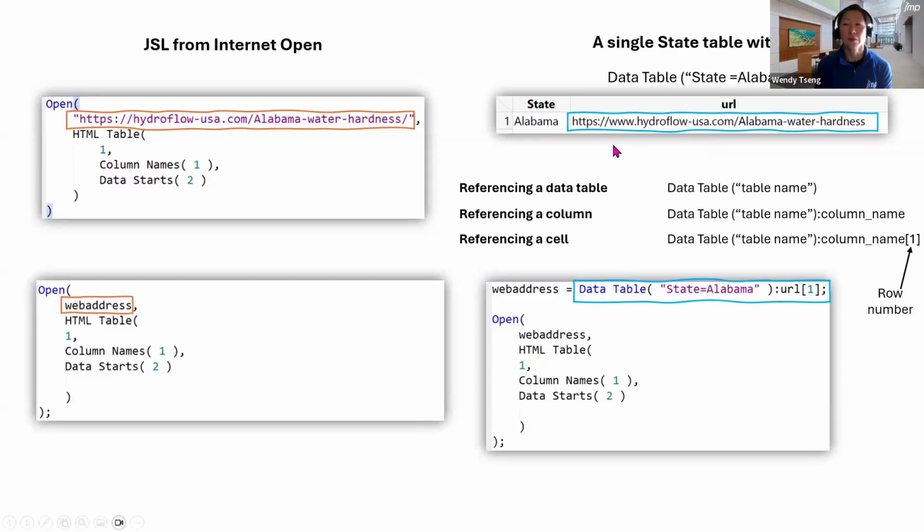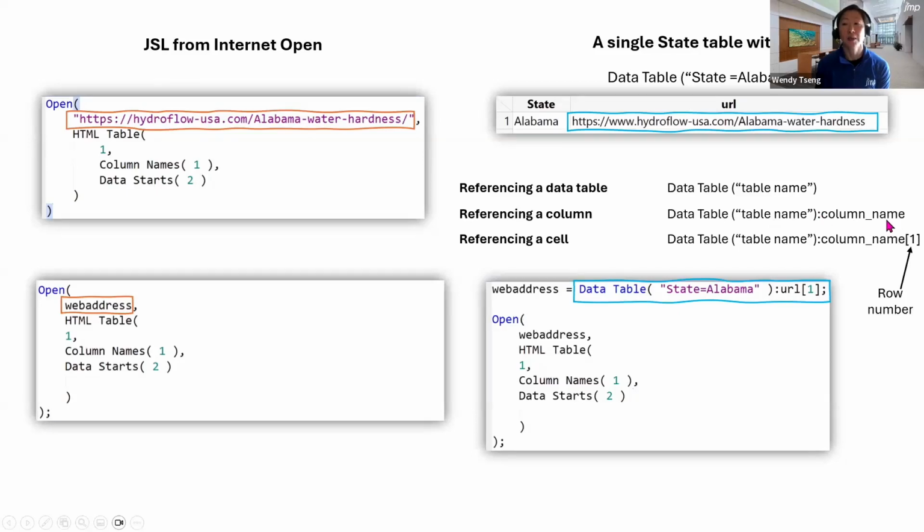So stepping through the JSL scripting language, being able to speak to a data table, you say data table and then you have the data table name inside. Then when we're referencing a column in that data table, you would call the data table, have a colon, and then the column name.